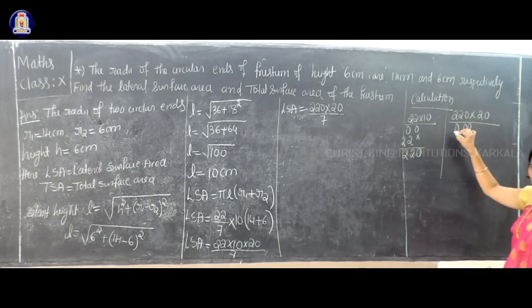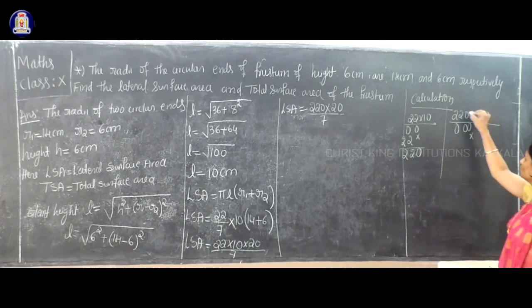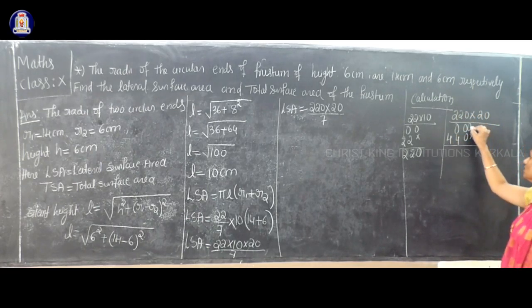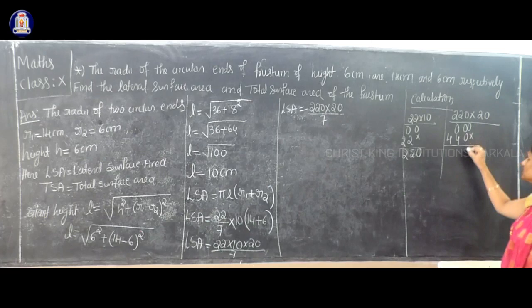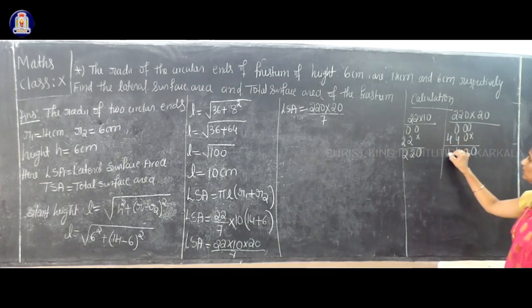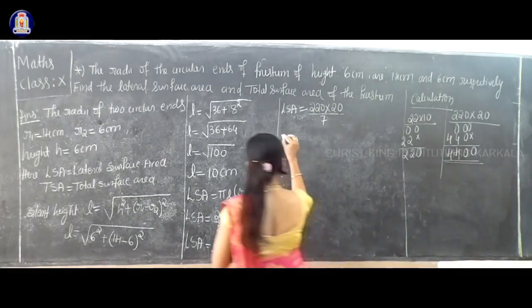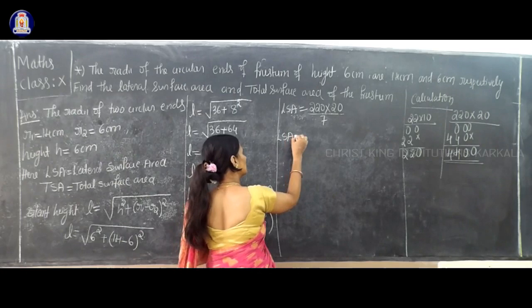Next, 2 into 2 is 4. So 0 plus 0 is 0, 0 plus 4 is 4. So what is the answer? 4,400. So lateral surface area is equal to 4,400 divided by 7.